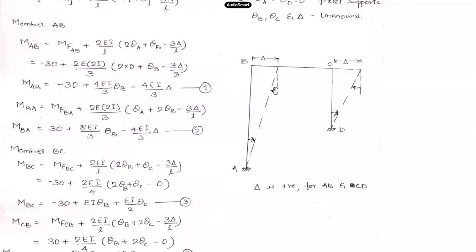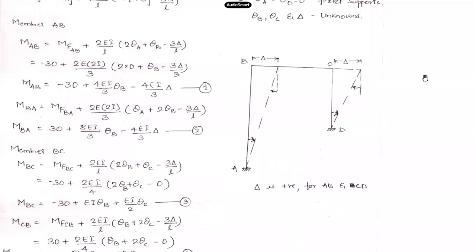So for this member BA, MBA is equal to MFBA plus 2EI by L into theta A plus 2 times theta B minus 3 delta by L. Theta A comes out to be 0 and delta will be taken as positive, and that gives us MBA is equal to 30 plus 8EI by 3 into theta B minus 4EI by 3 into delta. I have maintained the positive sign for this delta. If you have any doubt in choosing the sign for delta, please ask. Make that point clear here.